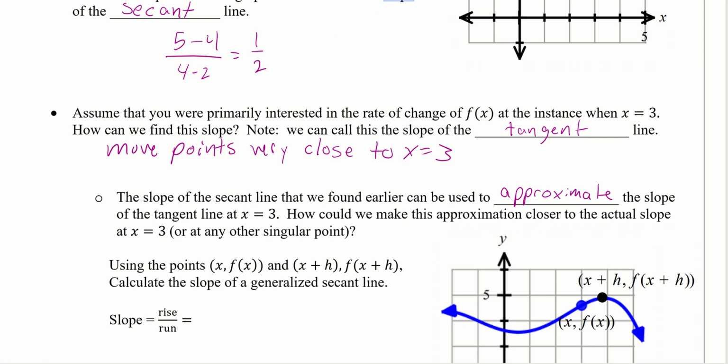Not totally correct, but pretty similar. It says, how could we make this approximation closer to the actual slope at x is equal to 3? Okay, and so again, same idea here. We're going to move each of those points closer and closer and closer to 3 itself.